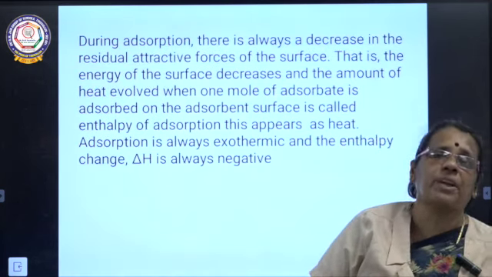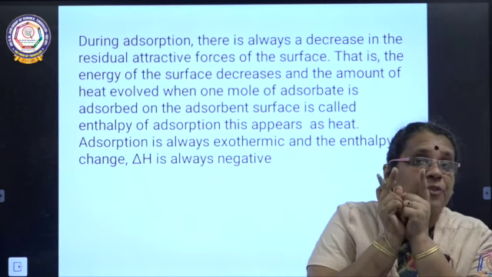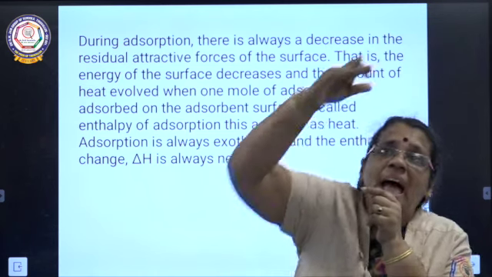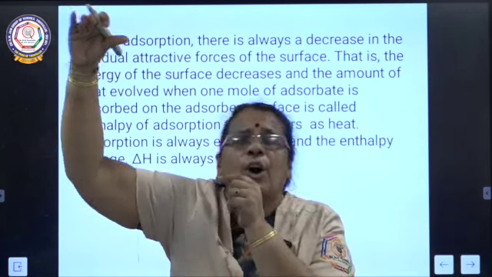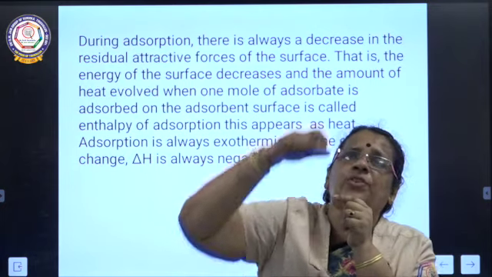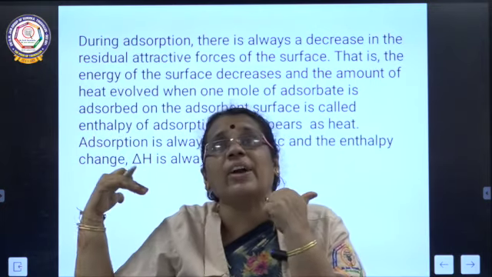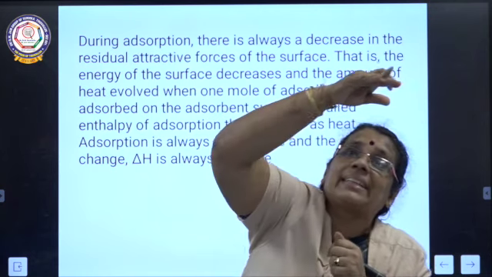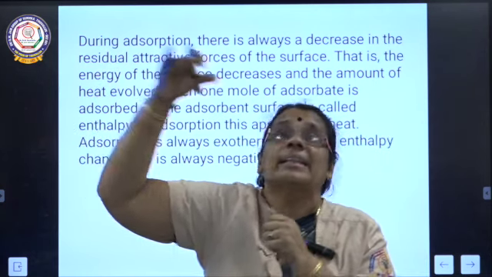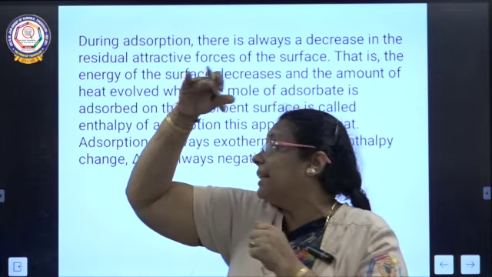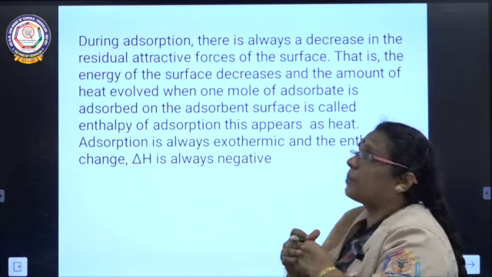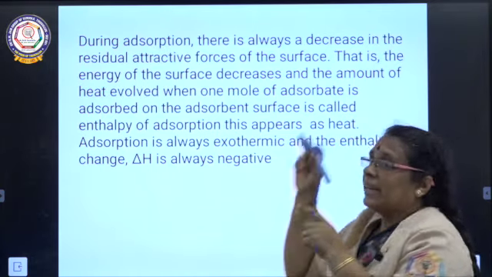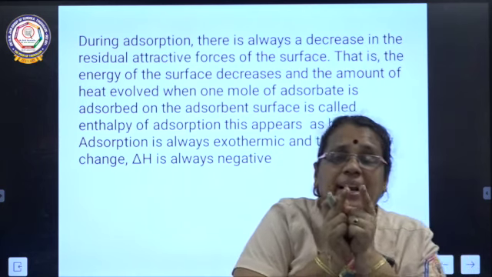During this adsorption, I already told about the unbalanced force. Where is this unbalanced force? At the surface. We are discussing the phenomenon that is taking place at the surface. The adsorption is taking place at the surface. So during adsorption, there is always a decrease in residual attractive force.